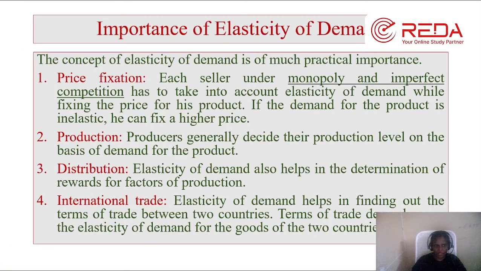Then the second one is production. Producers generally decide their production level on the basis of demand for the product. Elasticity of demand is very important here. If producers come to know that demand for their commodity is high, they produce at a high level; otherwise they don't take the risk of increasing production.